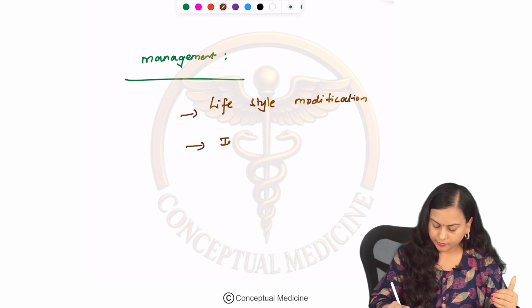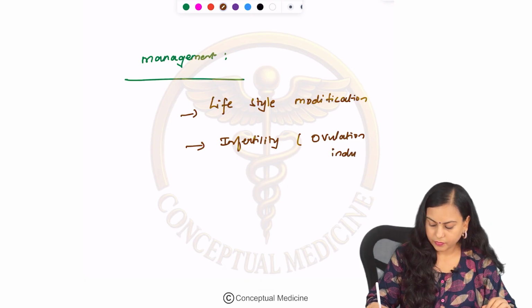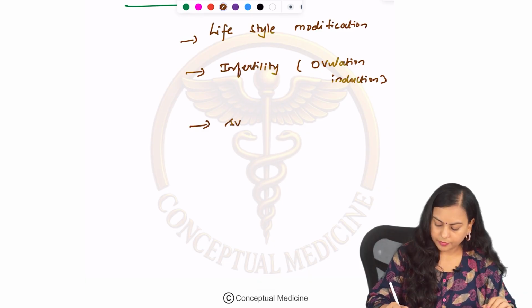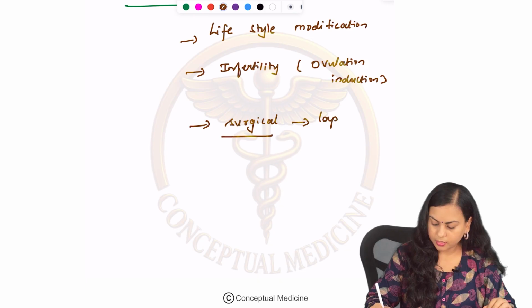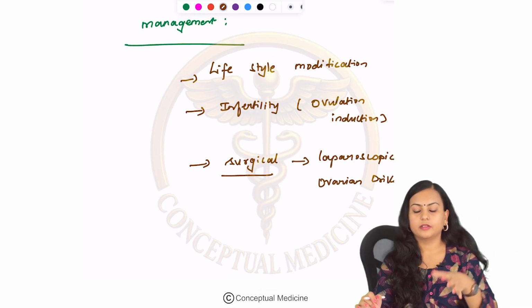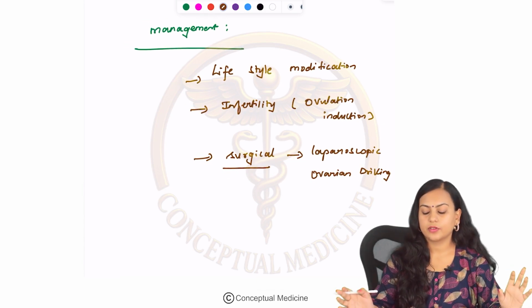Then if they present with infertility, you can offer them ovulation induction, and finally you can offer them a surgical option also with laparoscopic ovarian drilling. Okay, then you have to manage their lipid profiles and their abnormal OGTT and all. Okay, that is a different part of the story.